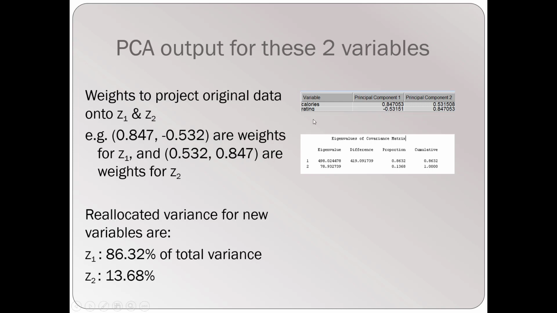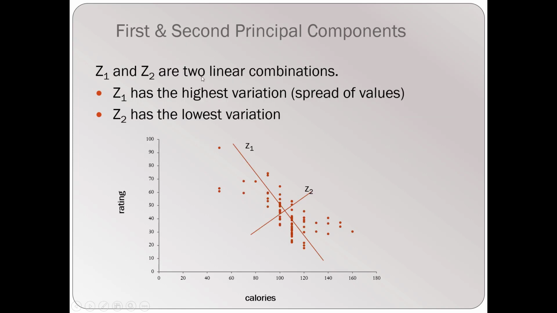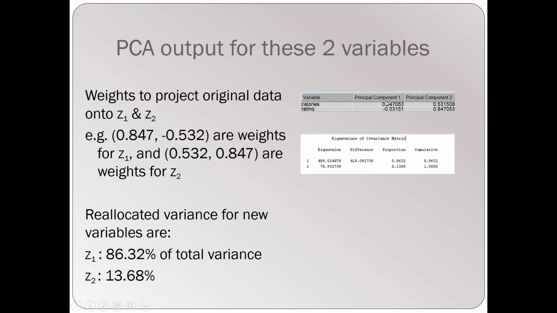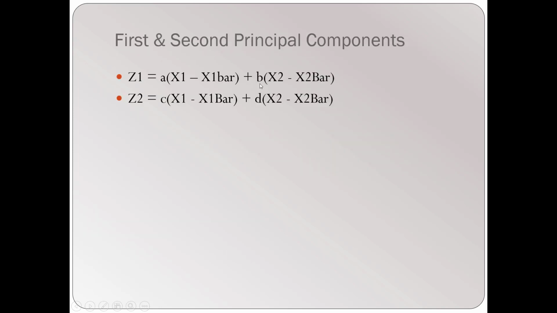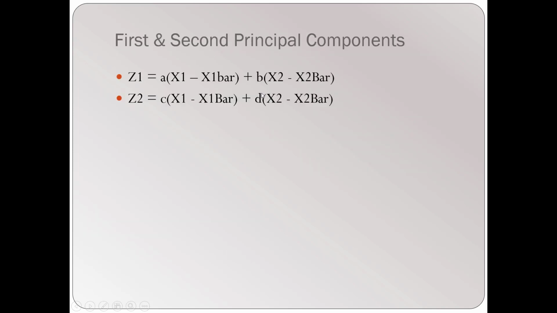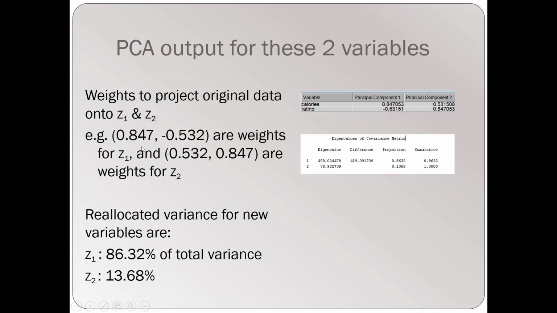And we ran the two variables, calories and rating, in SAS, and we got the principal component coefficients here. So this is the first principal component, so that's our A, that's our B. So like A and B. The second principal component, that's our C, and that's the D. So like C and D. All right.